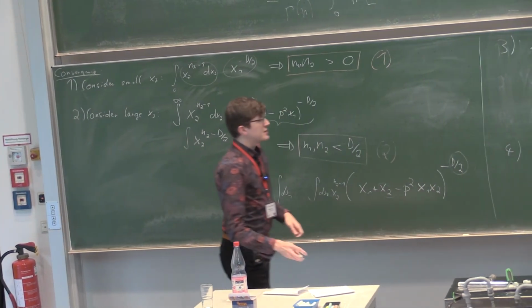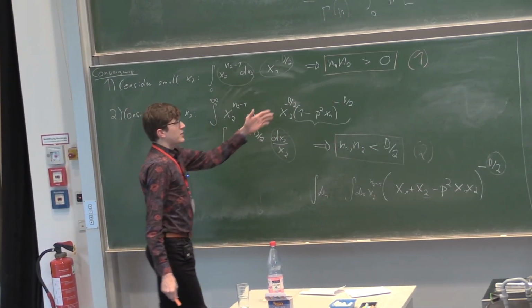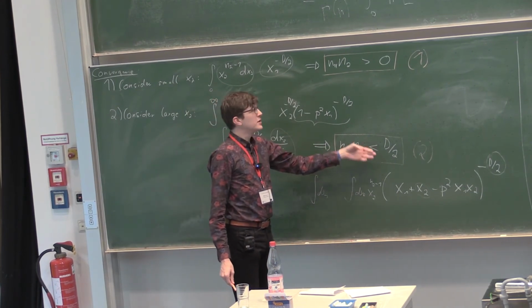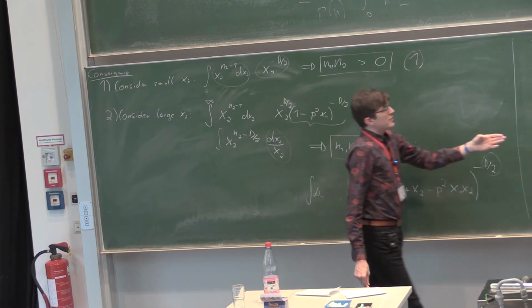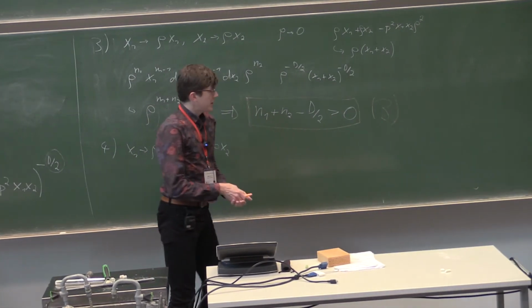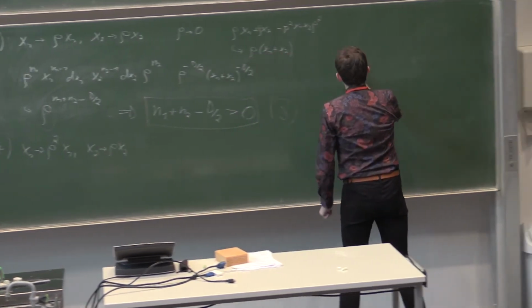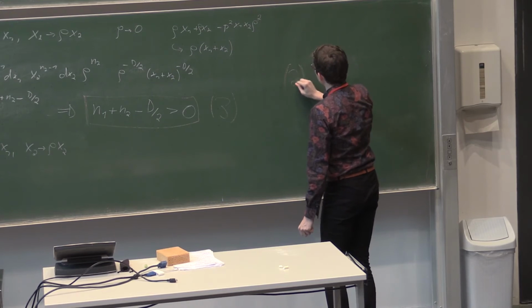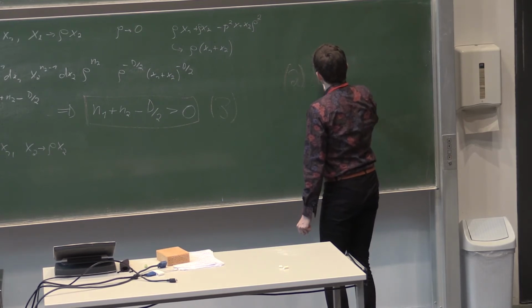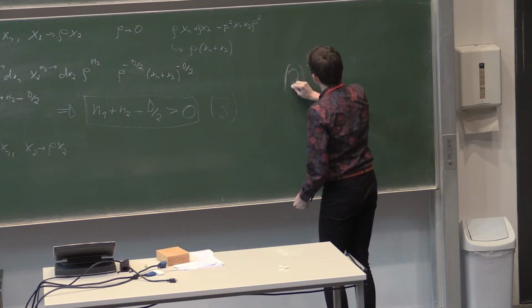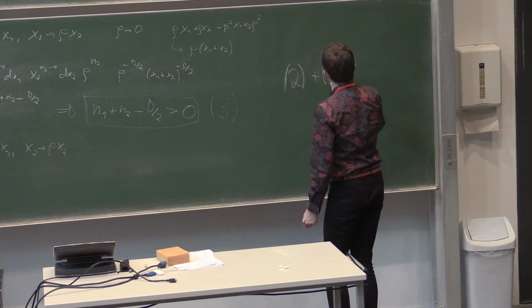And already here you see some redundancy, because we've derived three conditions, right? We have derived that they should be less than d over 2, they should be positive, their sum should be at least d over 2, but already you see that 2 and 3 imply 1.